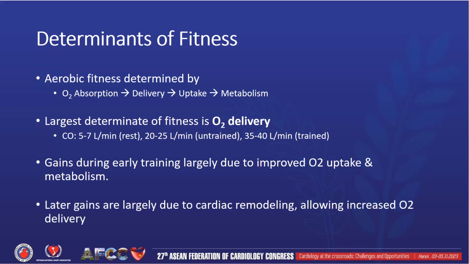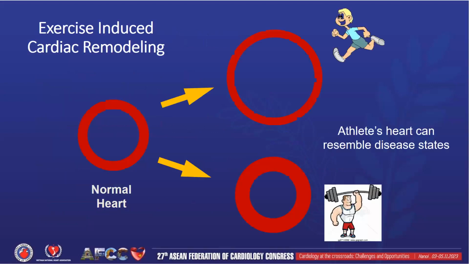And it takes some time to really modulate this oxygen delivery system. But the later gains and the gains that are going to stick with us are largely due to this cardiac remodeling. And that's what allows the increased oxygen delivery that differentiates the elite athletes from the recreational athlete.